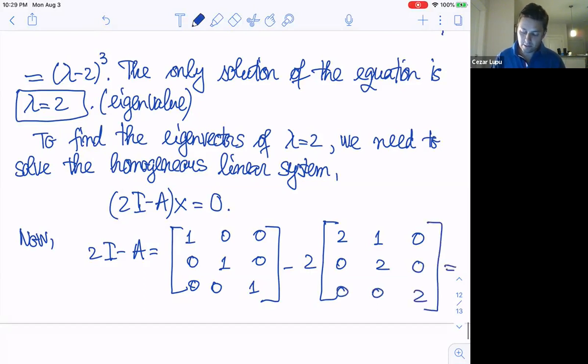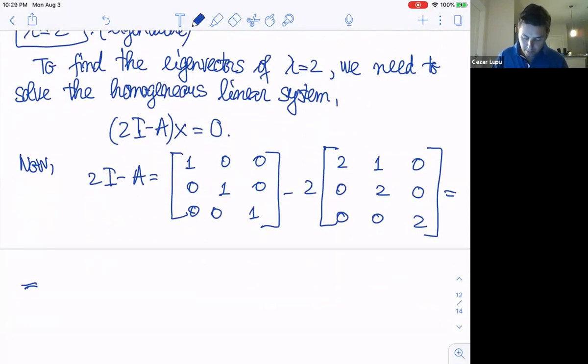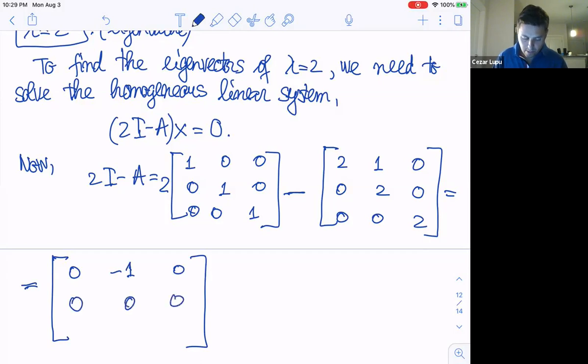Okay, and this computation will simply give us, sorry, I made a mistake here. It's 2 times the identity, not the identity minus 2. Anyway, so this will be 0, negative 1, 0, 0, 0, 0, 0, 0, 0. Okay.